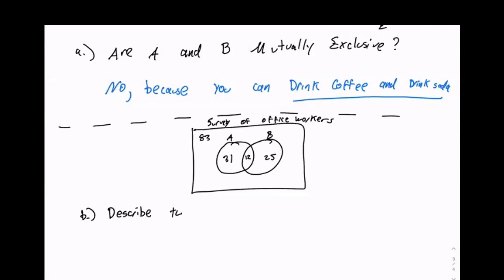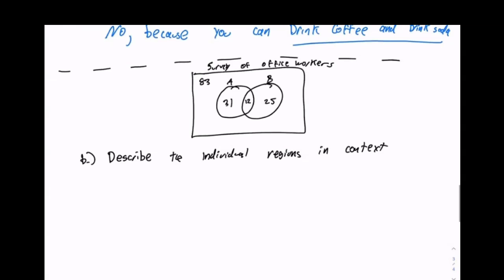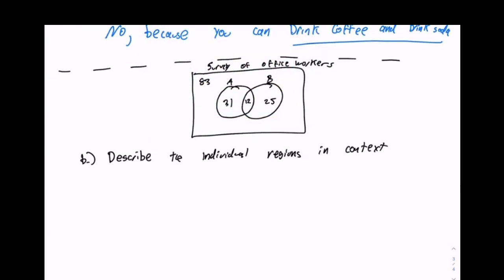Describe the individual regions in context. So let's just do it right here. Let's just talk about what each of these numbers mean. All right. The easiest one is the overlap one.